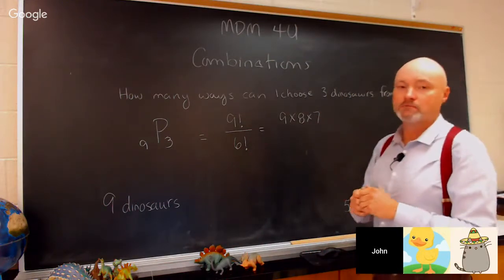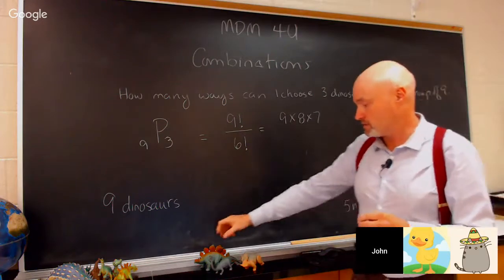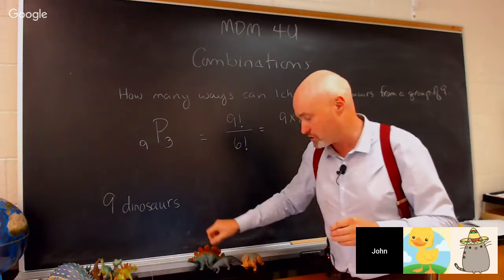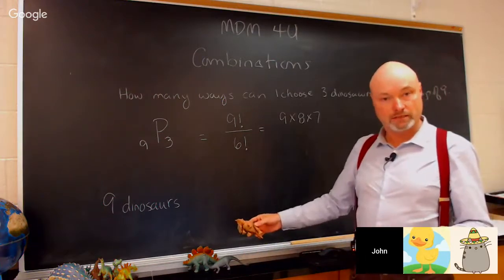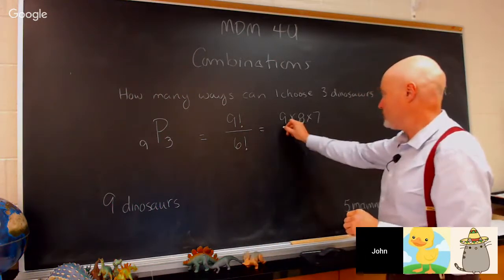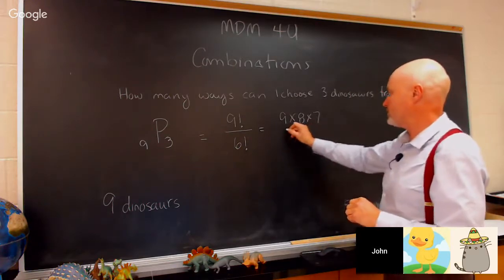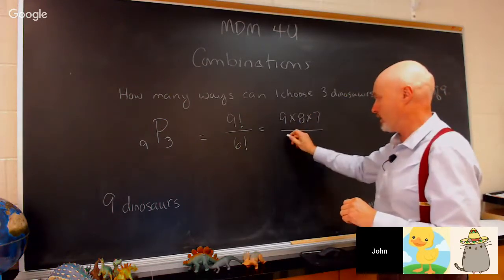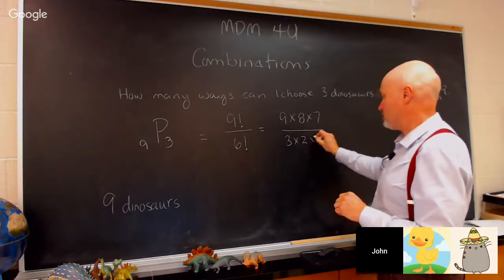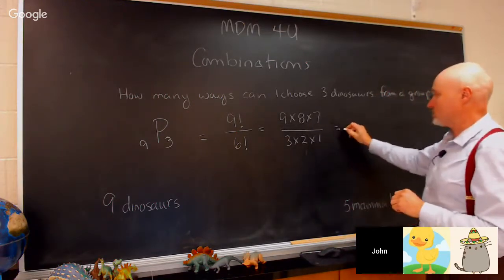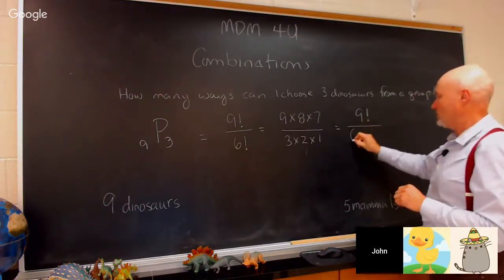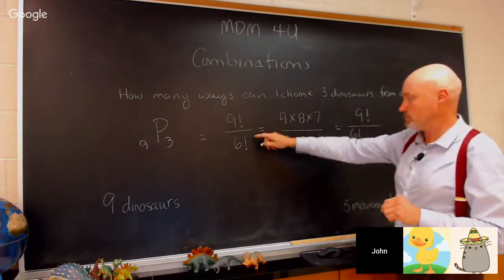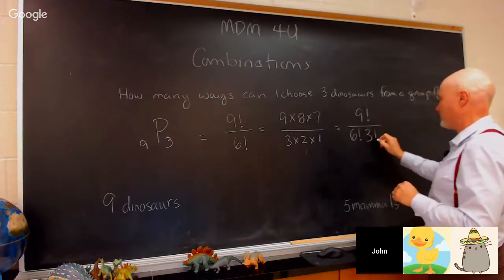And so it becomes this simple matter of just dividing out the number of permutations that there are of 3 objects. So we're going to take this 9 times 8 times 7 and divide it by 3 times 2 times 1, which is the same thing as taking 9 factorial over 6 factorial and dividing it by 3 factorial.